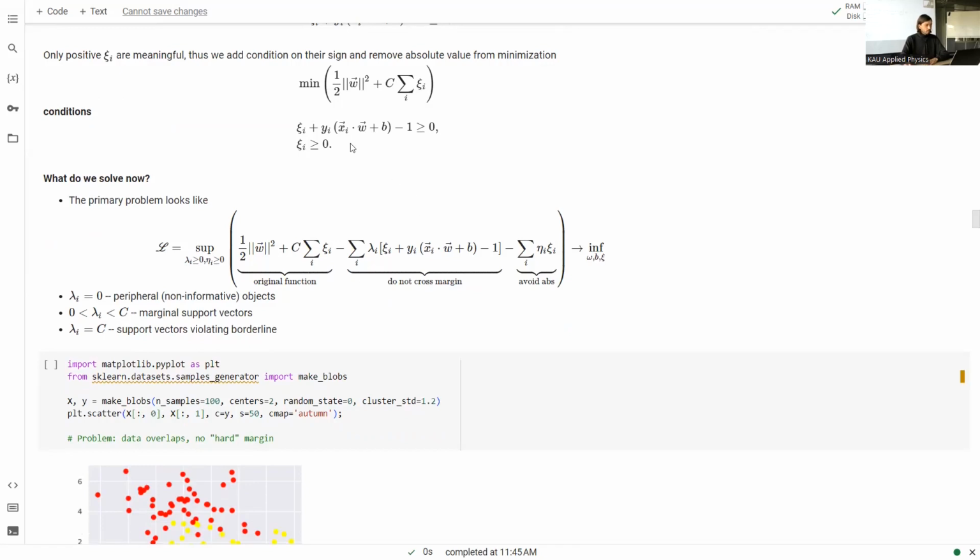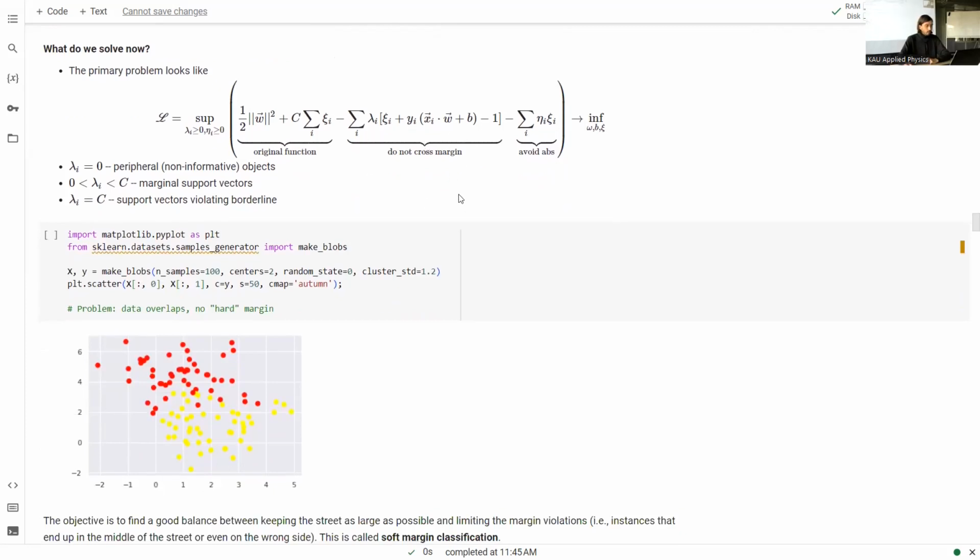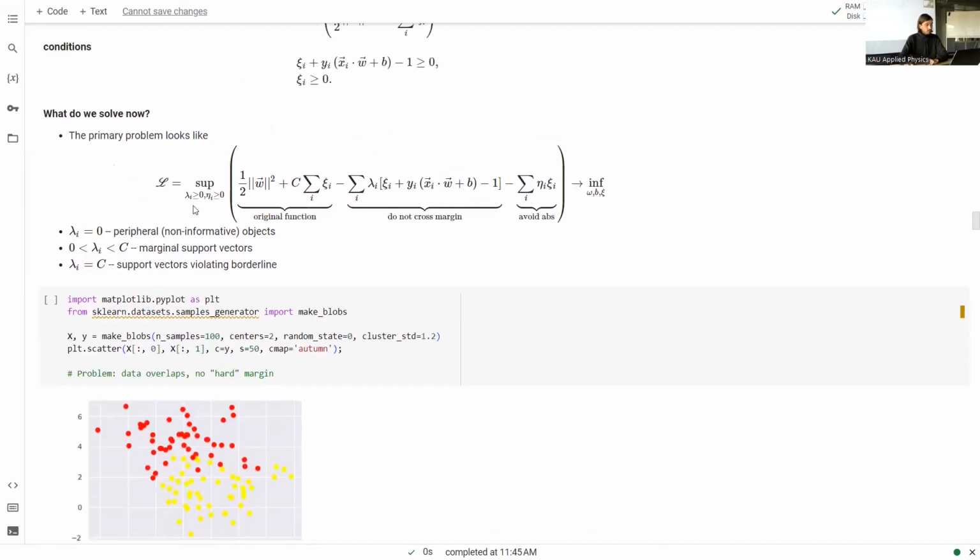And what did we do in this case? Recalling this supremum, well, I need to multiply this by -1 to put the conditions into standard form, to make that less than or equal to 0. But I want you to recall the fact that I am incorporating these conditions into Lagrangian, and I'm taking supremum to get the following effect. When my conditions are fulfilled, remember these lambda i's, they are always bigger or equal to 0.